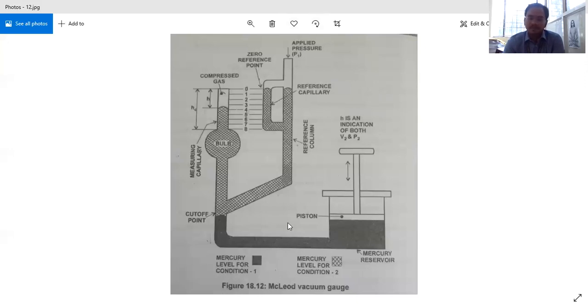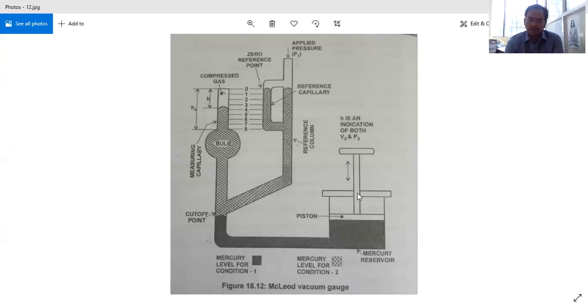Now, coming to its operation, first of all, the gauge is not completely filled with mercury. Initially, the mercury will stop here. We call this the cutoff point.